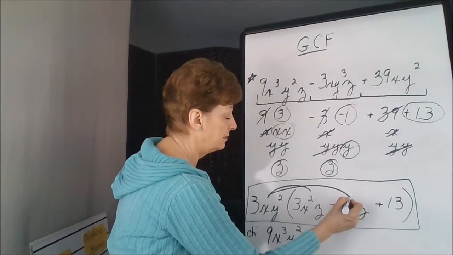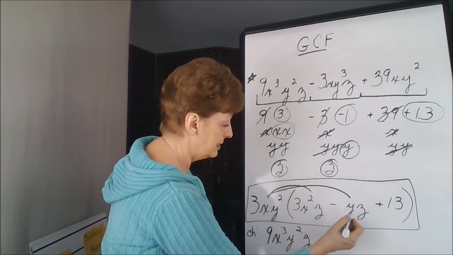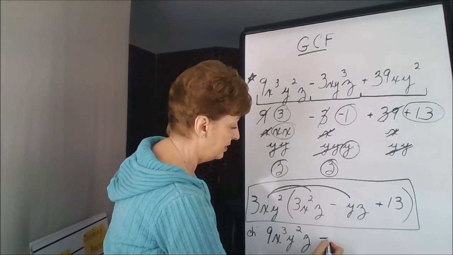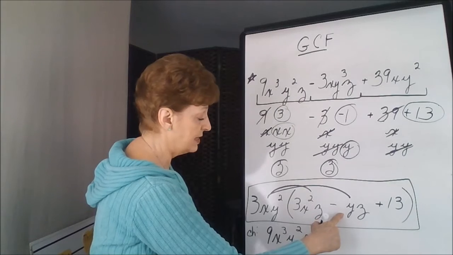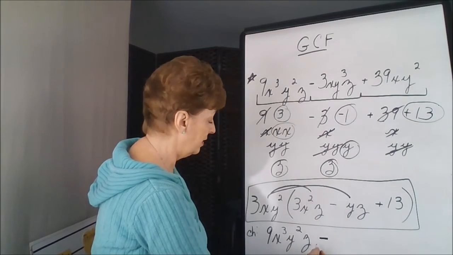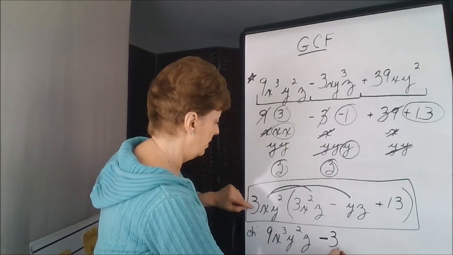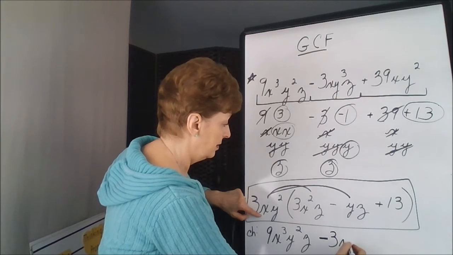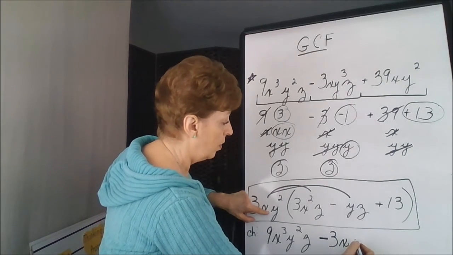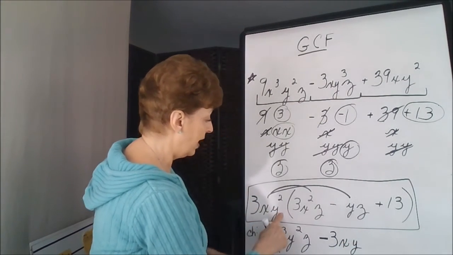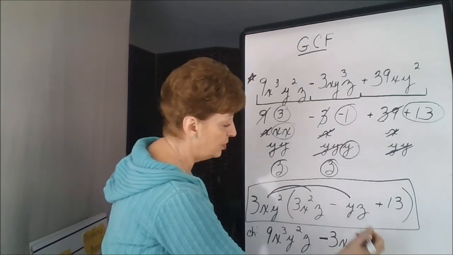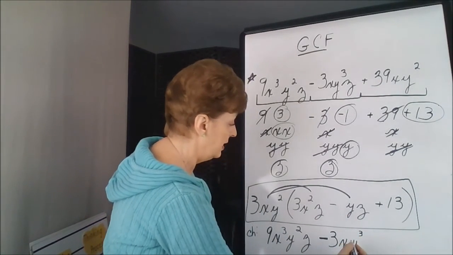Next, this is a negative, so we would have a negative. This is a positive 3 times a negative 1. That gives us a negative 3, x, y, we have 2 y's here and 1 y still left over, so that would be cubed, and the z.